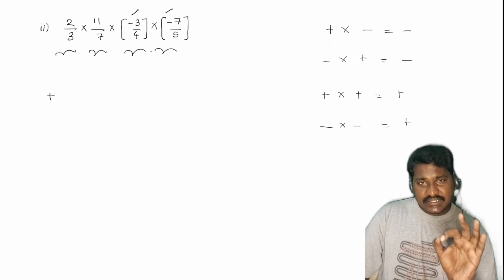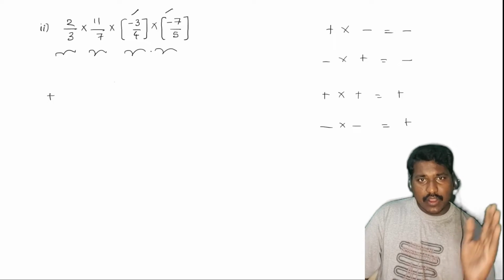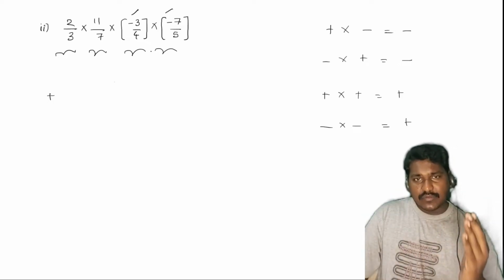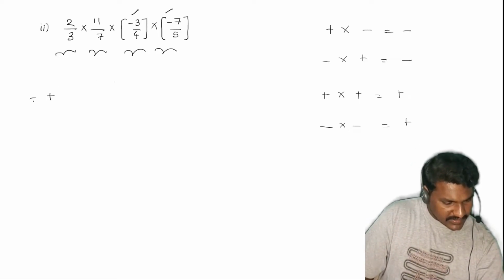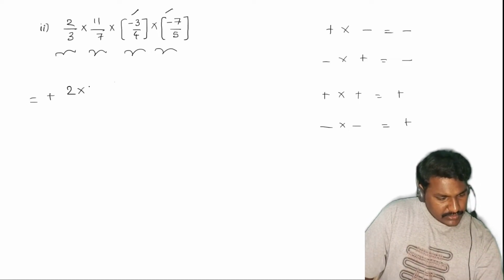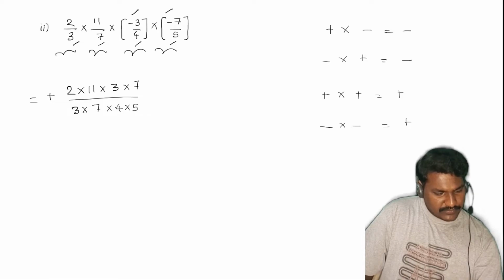We just multiply all the numerators and all the denominators. There ends the matter. Now see here, the answer is 2 into 11 into 3 into 7 divided by 3 into 7 into 4 into 5.